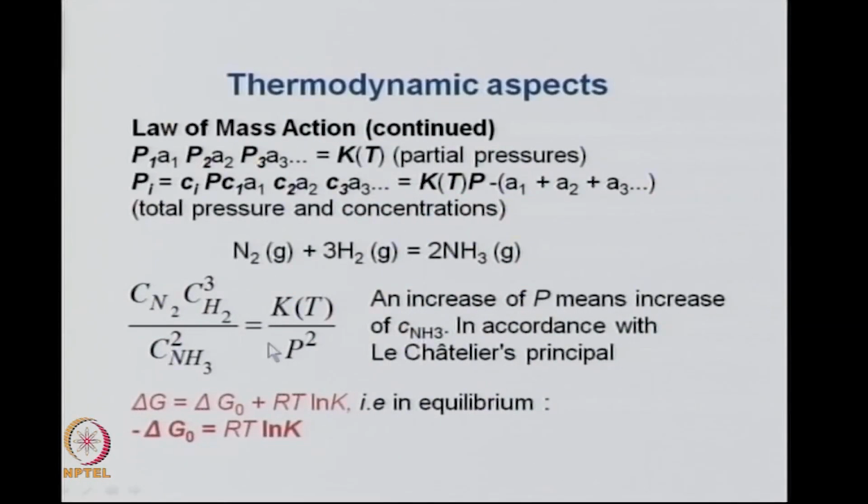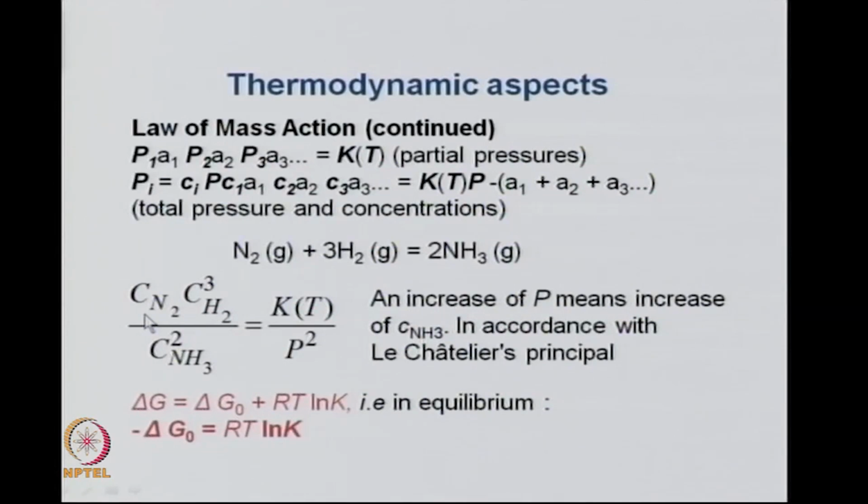So, if you continue on this product, which is equal to the equilibrium constant for ammonia, we can rewrite this like this, and instead of activities we choose concentrations for certain cases where we can take the activity to be equal to the concentration.